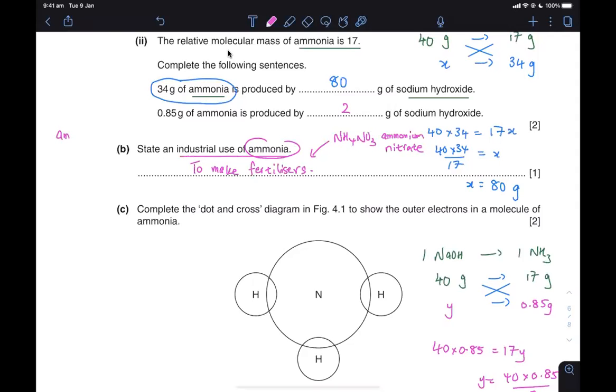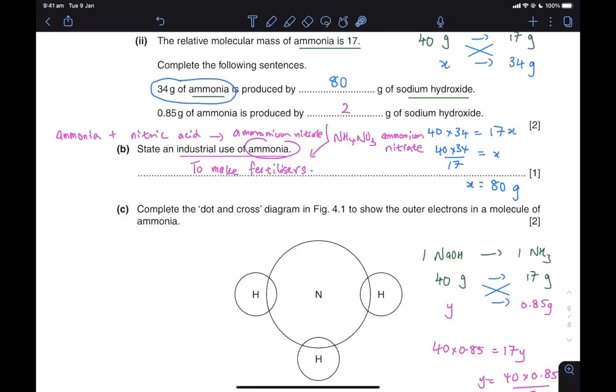When you have ammonia and nitric acid, you will get the salt because it's a neutralization reaction. You get ammonium nitrate. Obviously, if I use sulfuric acid, I'll get ammonium sulfate. If I use hydrochloric acid, I'll get ammonium chloride.